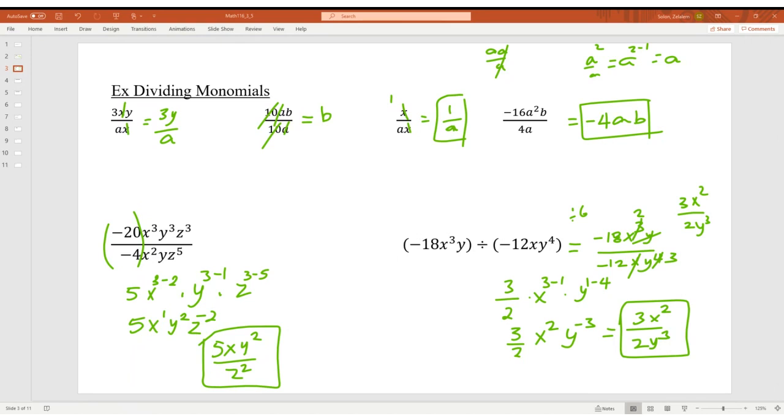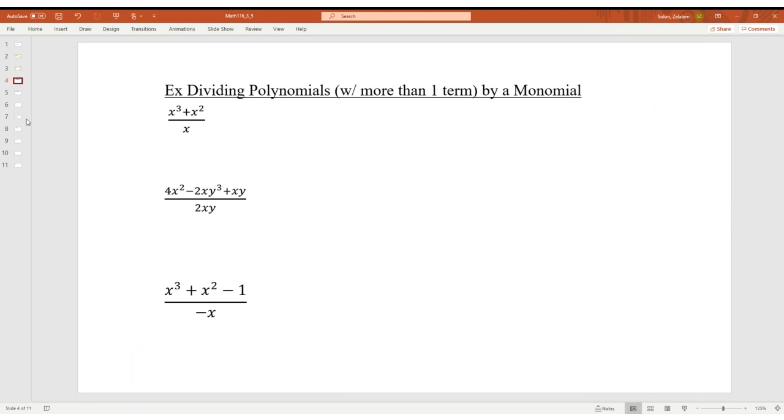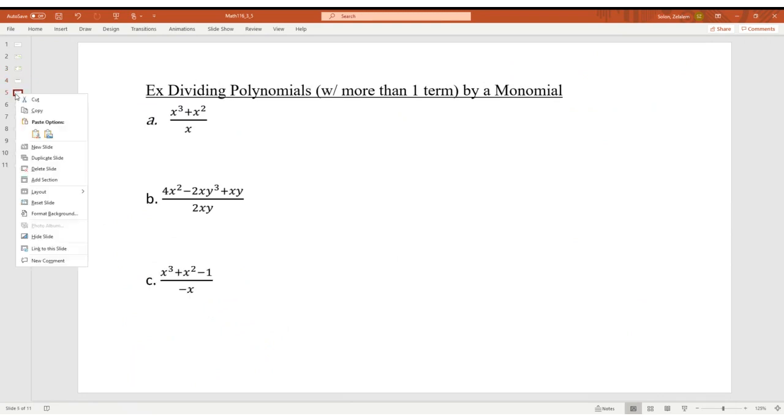Okay, let's move. Now next we will see how to divide a polynomial by a monomial. Earlier we saw monomial divided by monomial. Now we'll see how to divide a polynomial by monomial.